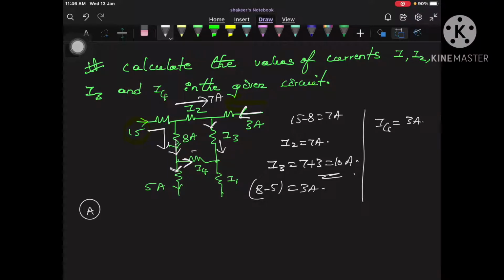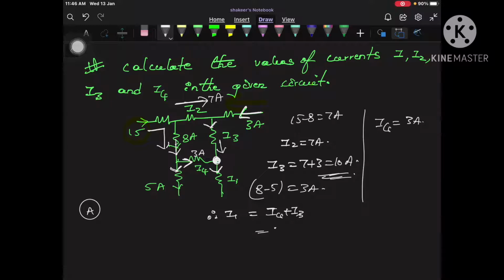Now this 3 amperes of current and I3, which is 10 amperes, both are entering this junction. Clear? So combined, they become I1. Therefore I1 should be equal to I4 plus I3.